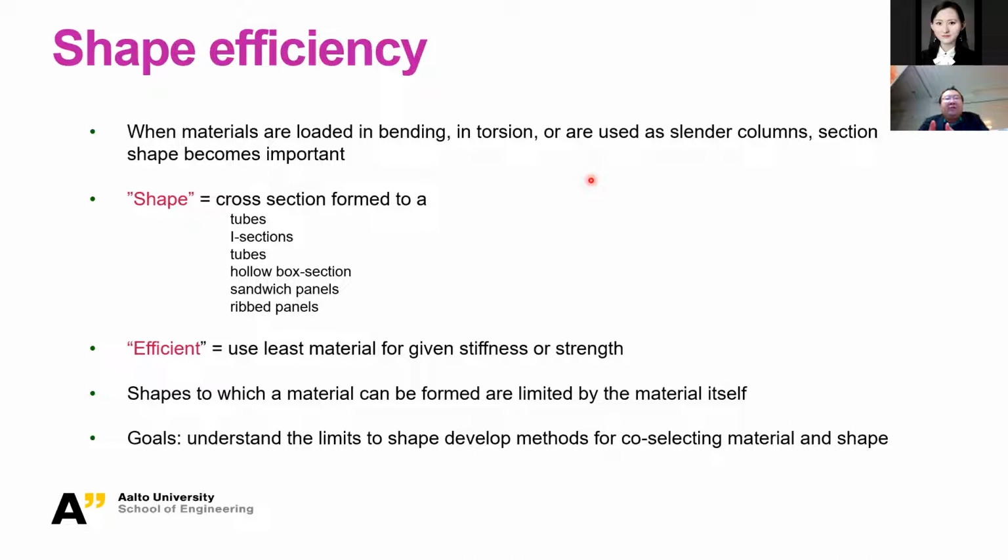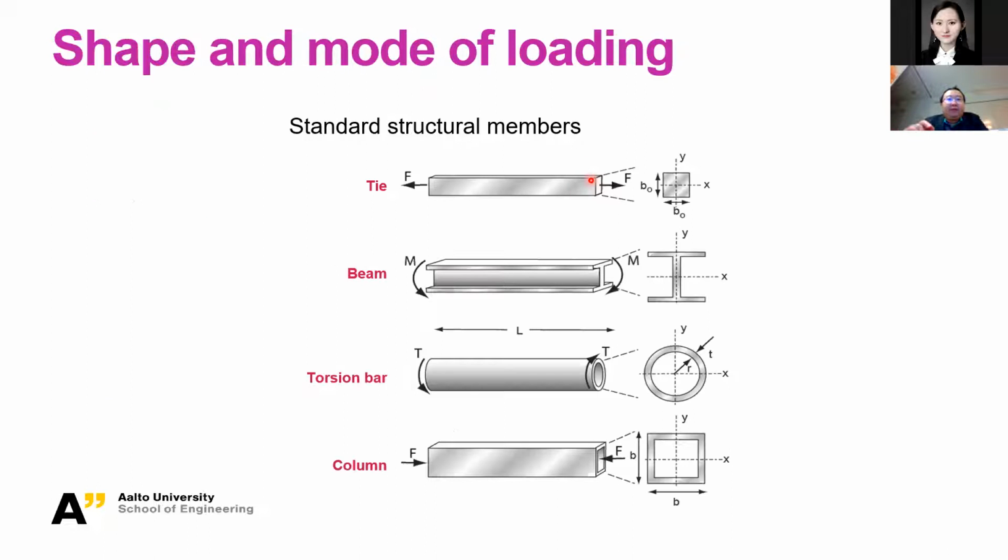We have those typical shape forming processes like rolling, extrusion, and so on, that will give us very often some regular shapes. That is one limitation for the shape factor. The other one is actually the local buckling. That will be also explained later on.